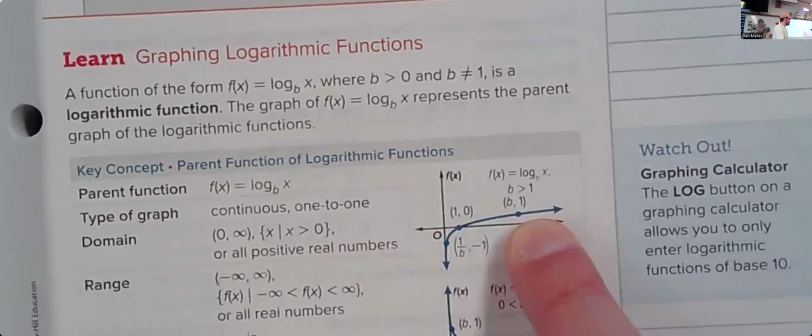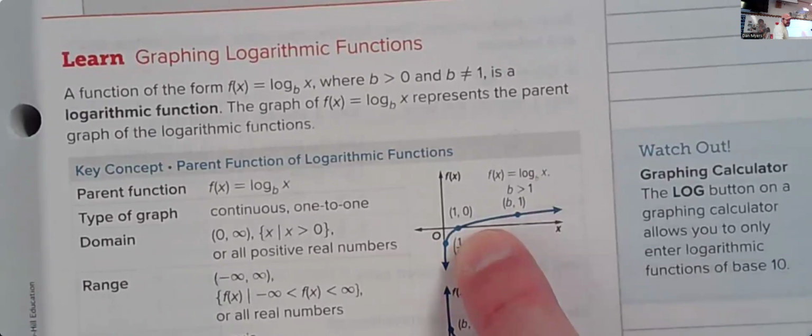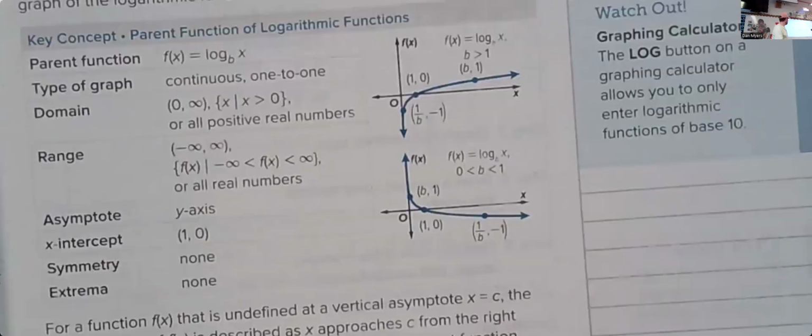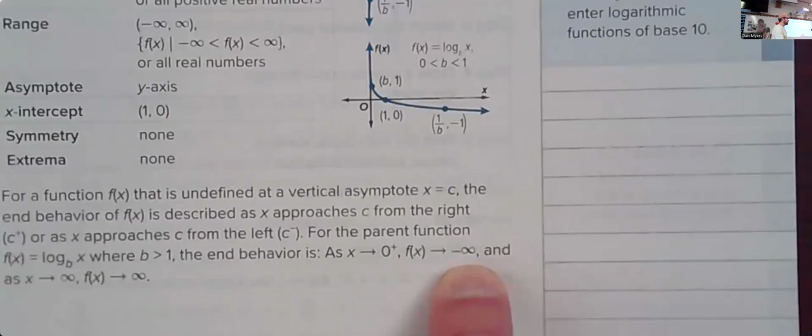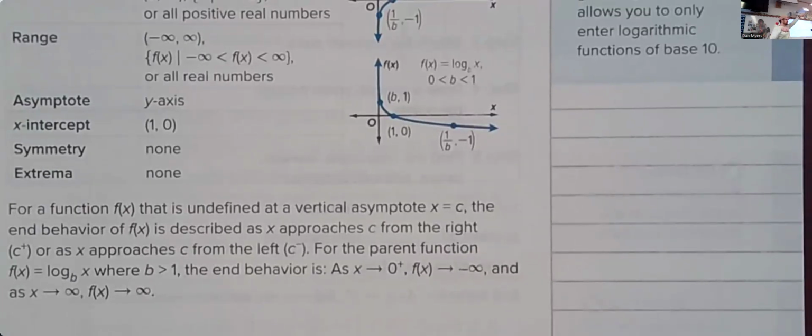So from the right side, from the positive side, as x approaches 0, what happens to the y values? They go down real quick. They go down to negative infinity. And it shows you that right here. So if you're coming in from the right on the x-axis, as x approaches 0 on the x-axis, y goes to negative infinity.